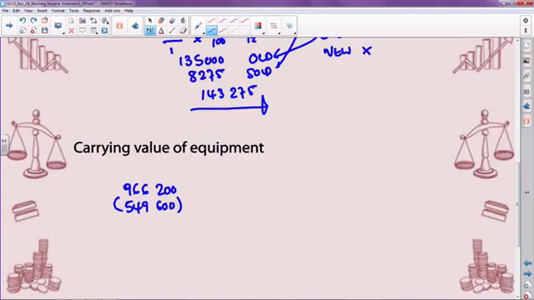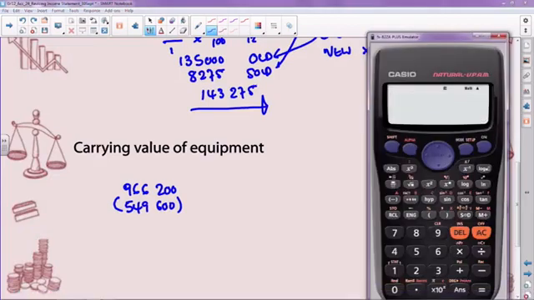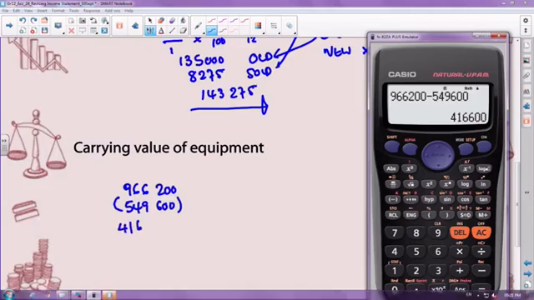Right, out with our calculator, and we say, take the 966,200 minus the 549,600. And that will give me my figure of 416,600.